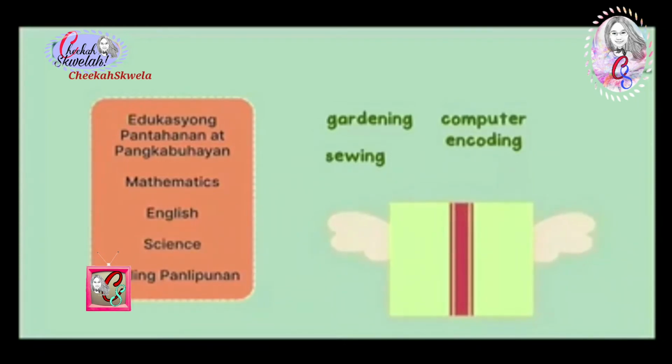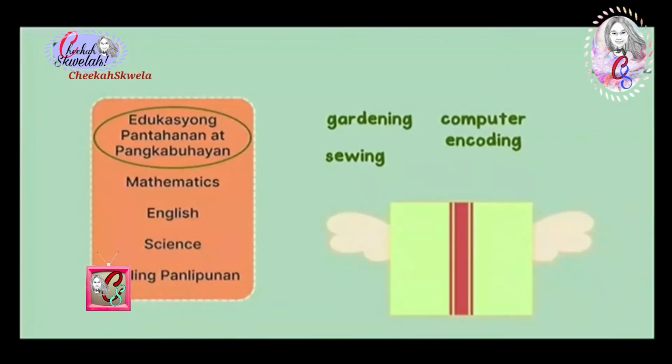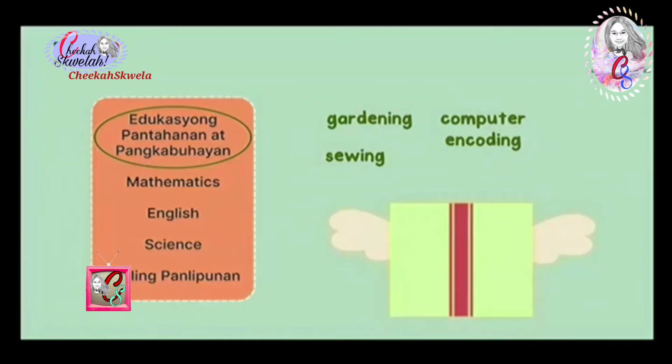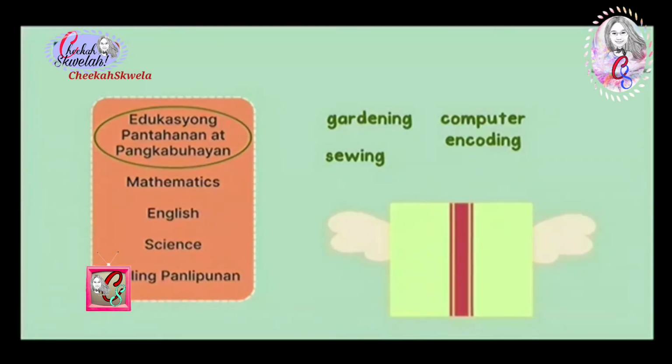What do you think is the subject that is identified in this group of words? Did you say Edukasyong Pantahanan at Pangkabuhayan? You're right. Gardening, sewing, and computer encoding are lessons learned in Edukasyong Pantahanan at Pangkabuhayan, or EPP.